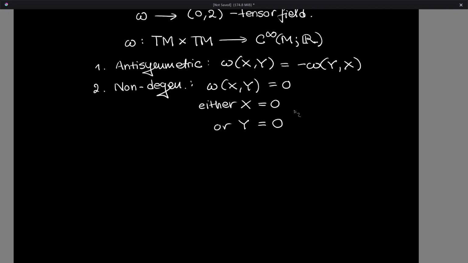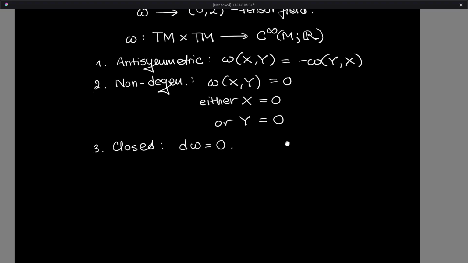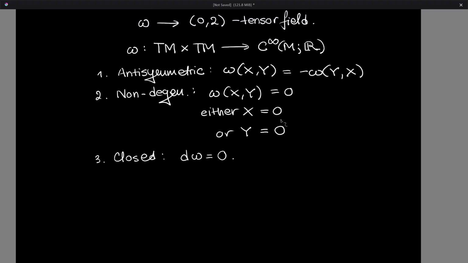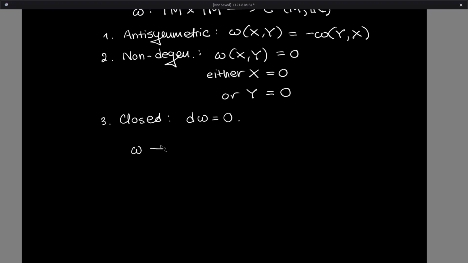A non-degenerate form cannot give you 0 for two non-zero vector fields. That's what it means to be non-degenerate. And number 3, which is the most interesting of the three, is that this tensor field omega has to be closed. Closed: d omega equals 0. And if all of this is true, then omega is called a symplectic form.